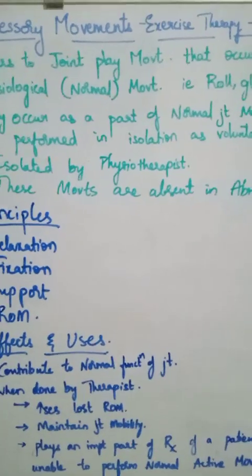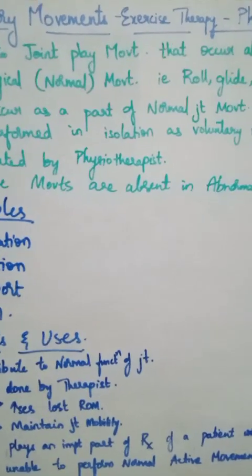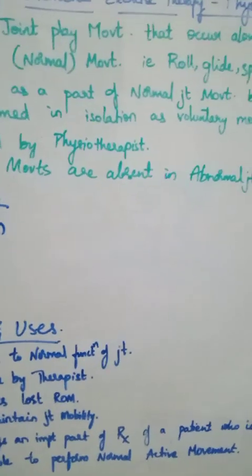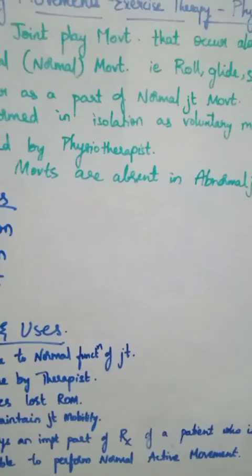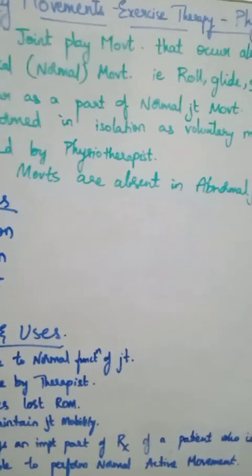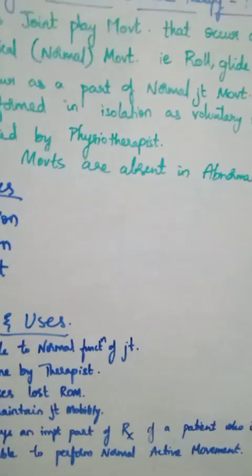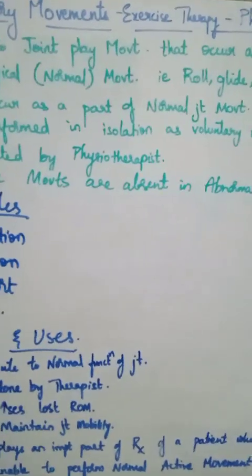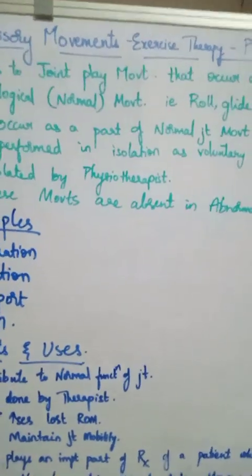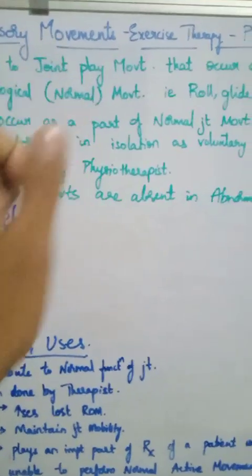The therapist can isolate this accessory passive movement by applying a gentle pressure to a joint in a specific direction. It will produce a small amplitude movement within the joint while minimizing any voluntary muscle contraction. So without any muscle contraction, we just slide the joint, we just move the joint with minimal pressure.